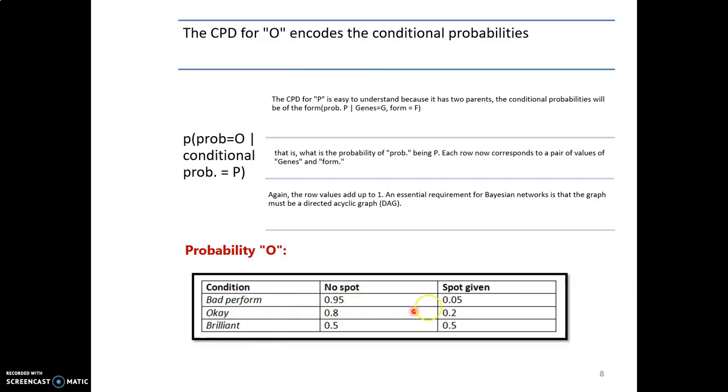Here there are no spot and spot given. For no spot, the probability of O is 0.95, and the spot given is 0.05. Then for the second grade, okay, no spot is 0.8 and spot given is 0.2. In the brilliant state, both are equal, 0.5 and 0.5.